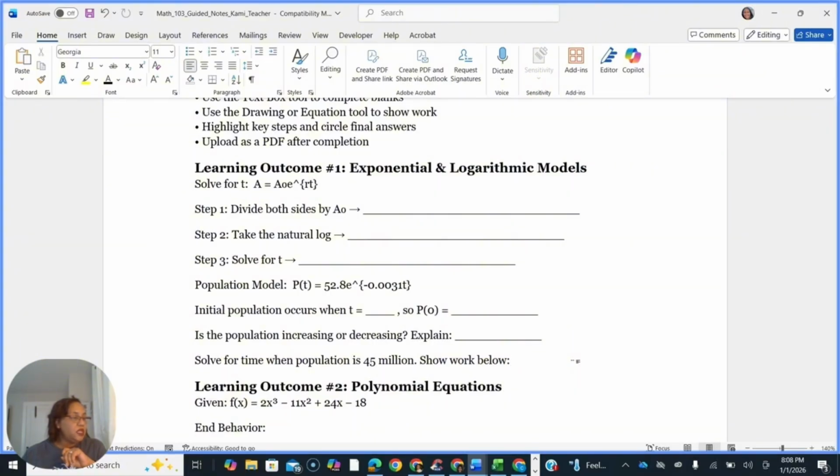Then t is equal to negative 0.1598 divided by negative 0.0031, which is approximately equal to 51.55 years, which is approximately 51 years. Okay. Notice the negative signs cancel. Always double check the calculator entries for ln. Make sure you use the ln.